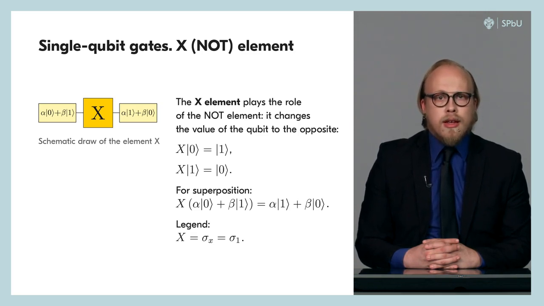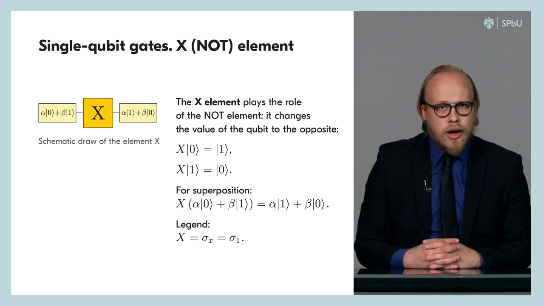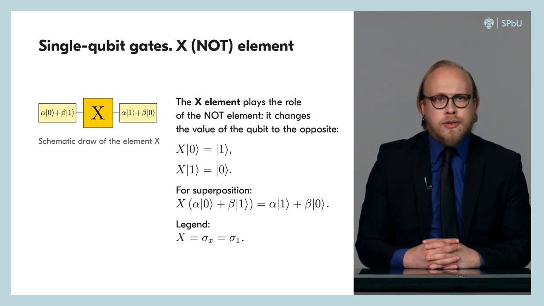This is an analogy with the classical element not. However, in the quantum case, it is important to know not only the effect on the basis states 0 and 1, but also on the superposition, since in the general case, a qubit that arrives at the input of an element x can be in a superposition state.